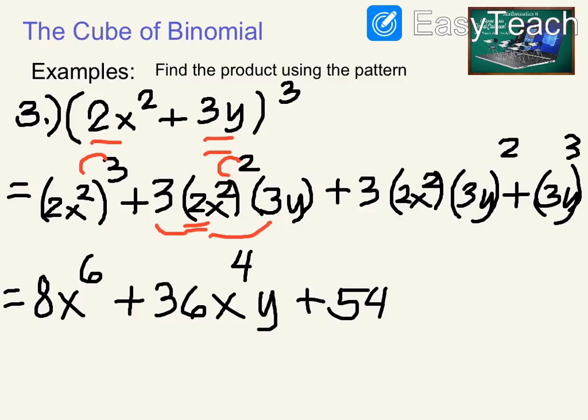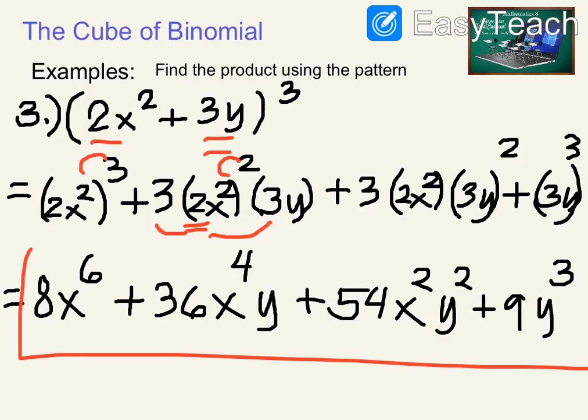And then we have x squared, that is already x squared. And then we have y times y is y squared. Plus, we have 3y times 3y times 3y. So 3 times 3 times 3, which will give us 27, and y times y times y is y to the 3rd power. Okay, so that is our final answer.